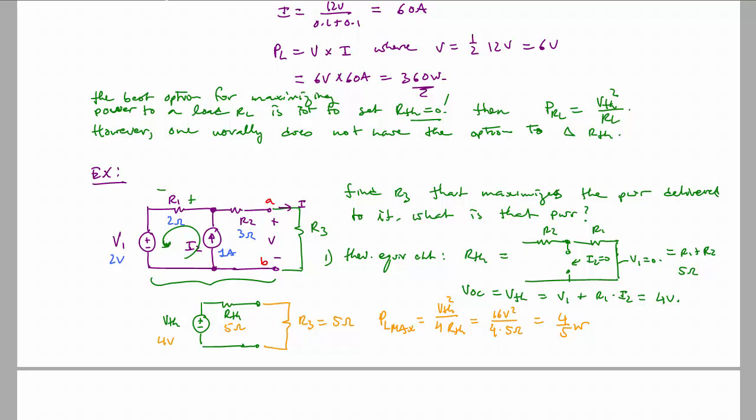And so that is our answer. 5 ohms for our load, and 4/5 of a watt is the maximum power that we can extract from that circuit. So I think I'll close there, and I'll see you next time.